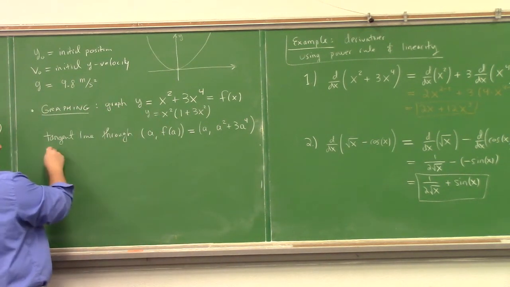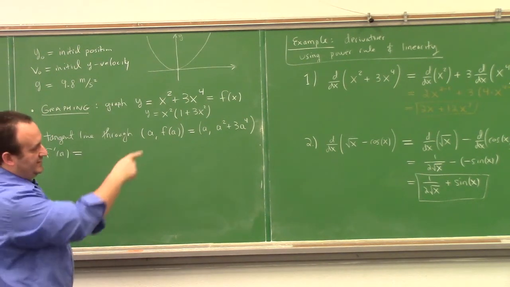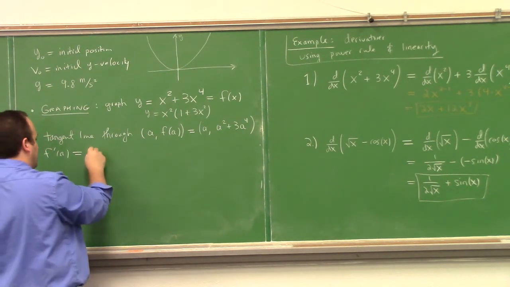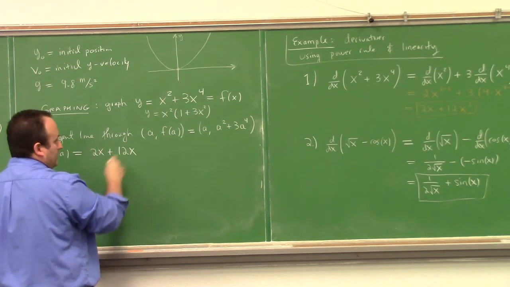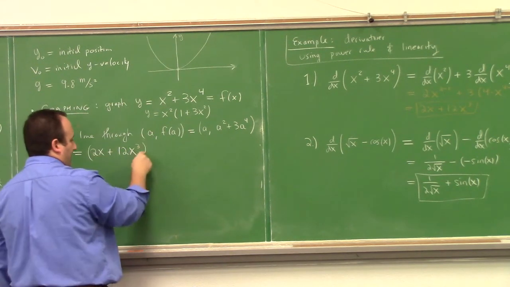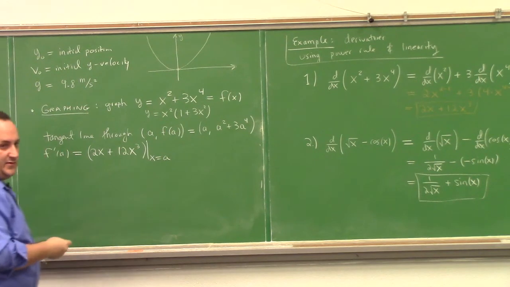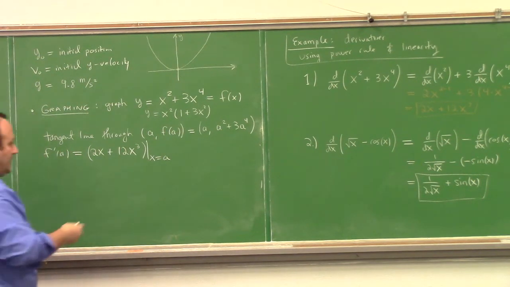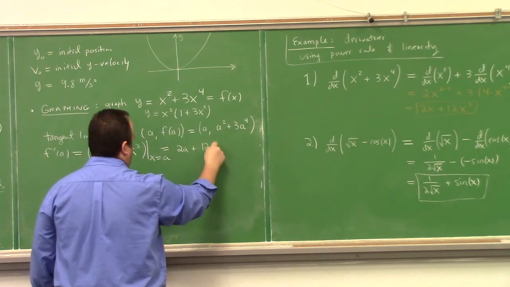What's f prime of a? I take my 2x plus 12x cubed. I take that formula, and I set x equals to a in that. That gives me the slope of the tangent line at that point. So this is 2a plus 12a cubed.